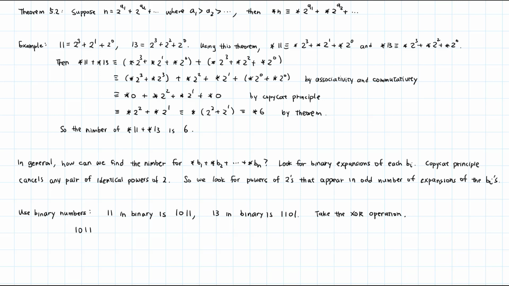So 1011 XOR 1101 is 0110. A shorthand for this operation is a plus with a circle around it, and I will just say this simply as plus. So 11 plus 13 is 6.